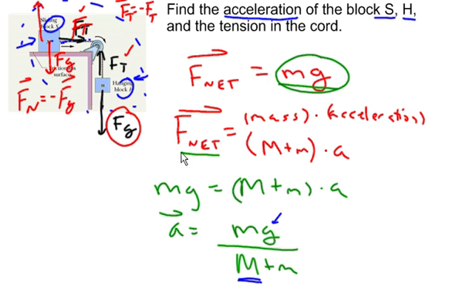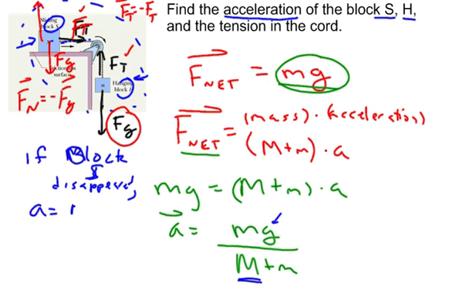In other words, if block S disappeared, if all of a sudden we cut the rope, the acceleration would be mg over 0 plus m, which is just g. So if we were to just snip that rope right there, that's what we would get.